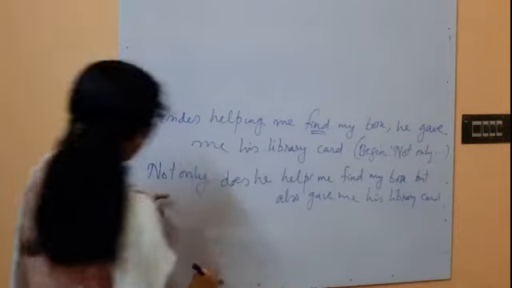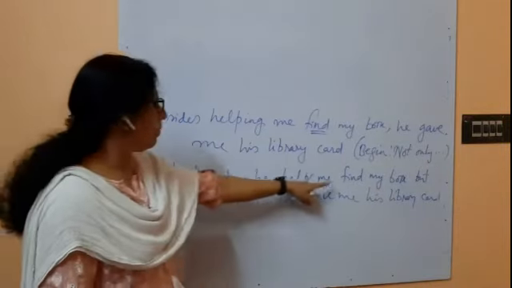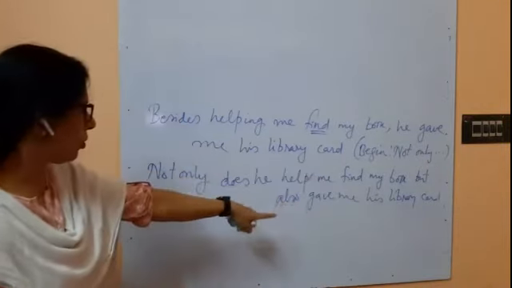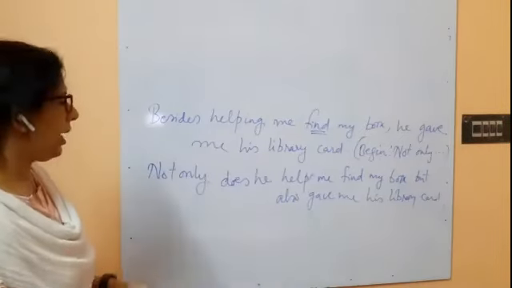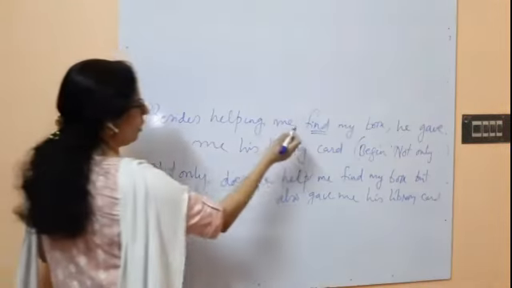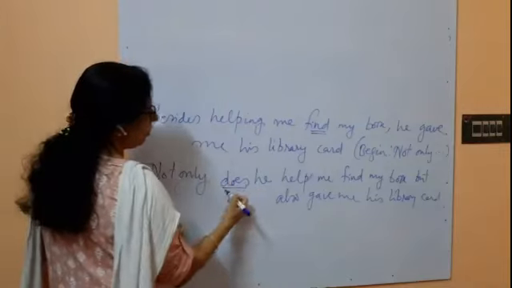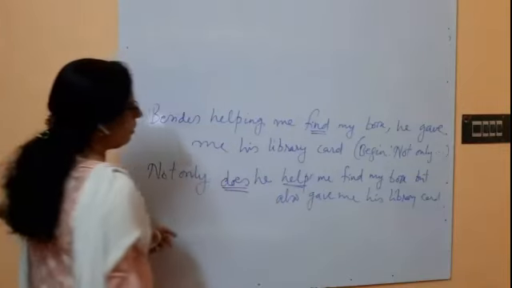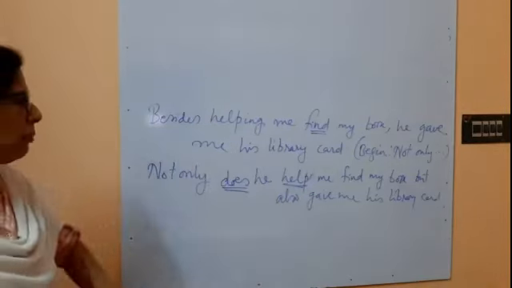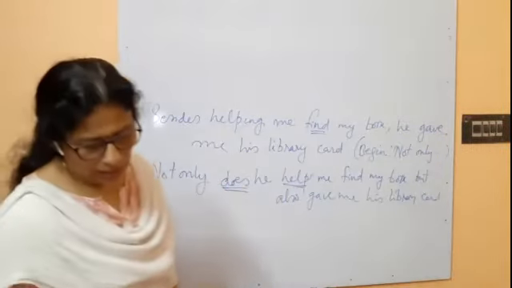Okay, not only does he help me find my book, but also give me his library card. So this is how, according to the tense of the verb, you have to use it.